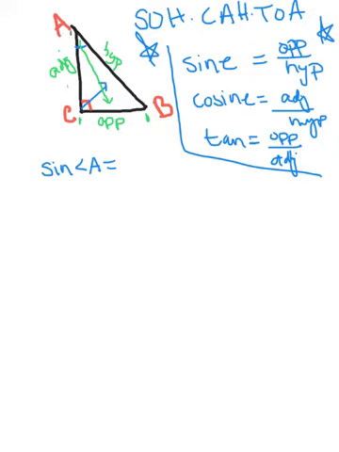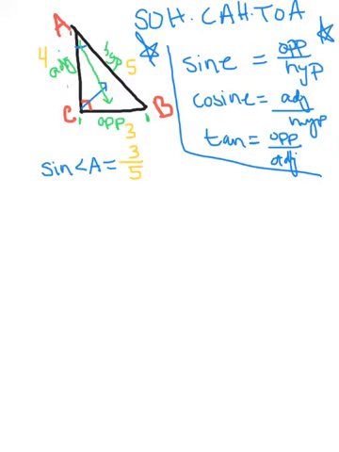So let's say this was a 3, 4, 5 triangle. Then sine of angle A is going to be opposite, which is 3, over the hypotenuse, which is 5.